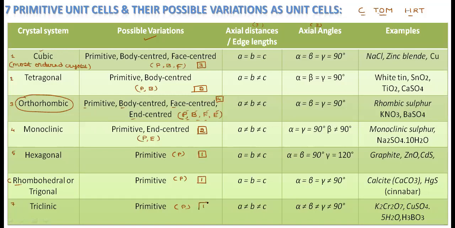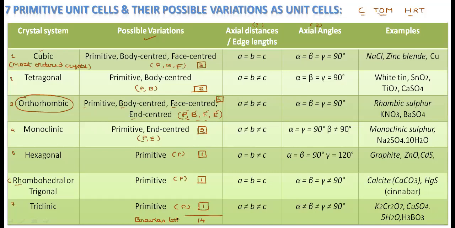Now, if you count these possible variations for the crystal systems, 3 plus 2 is 5, 5 plus 4 is 9, 9 plus 2 is 11, plus 3, so it is going to be 14, which is what we get as Bravais lattices.